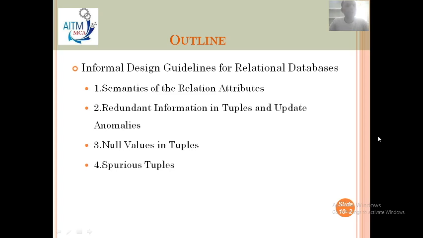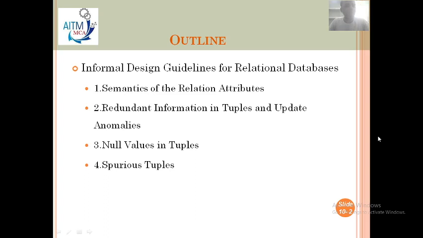In phone number, you will keep it null. It also creates some problems. There are various reasons to put the null value. Those things we are going to discuss, and we are going to give the guideline. What is the guideline for that, to avoid this? That also we are going to discuss.